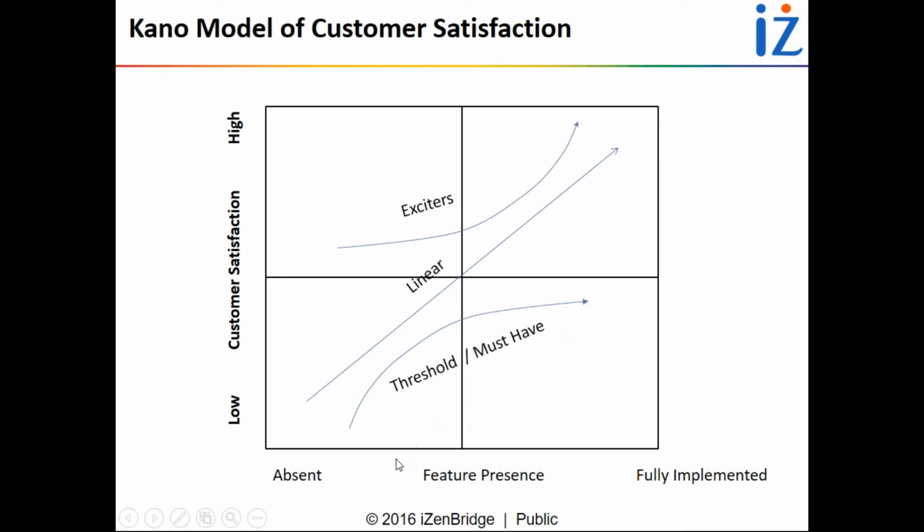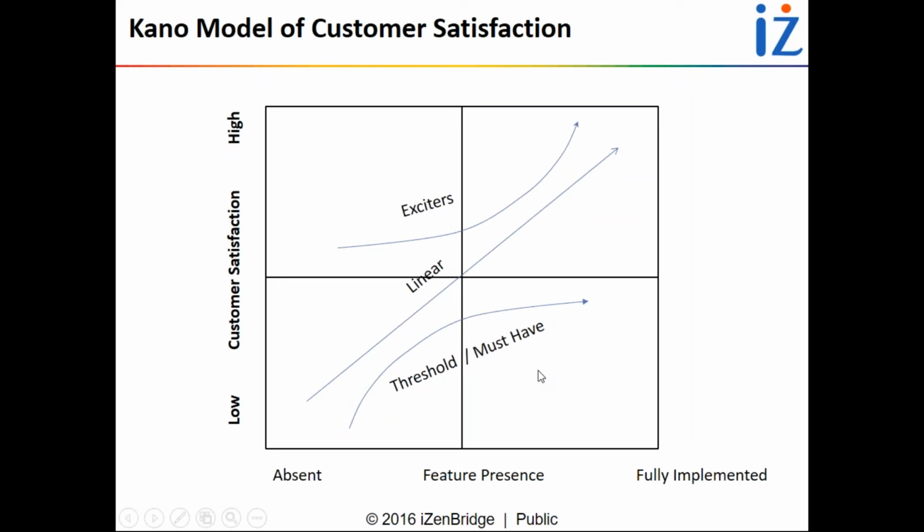And you can see that in the case of must-have requirements, when you start to implement or select those requirements in the solution, after a midpoint, customer satisfaction will not increase. It will be constant, even if you have implemented fully.